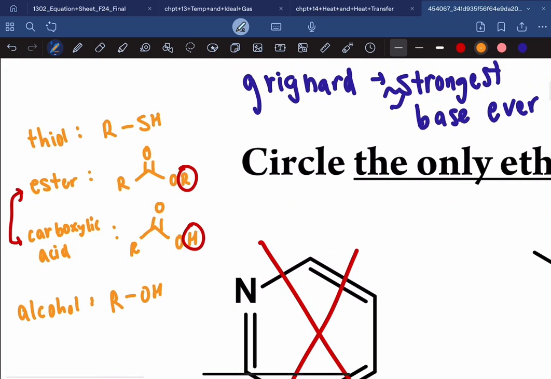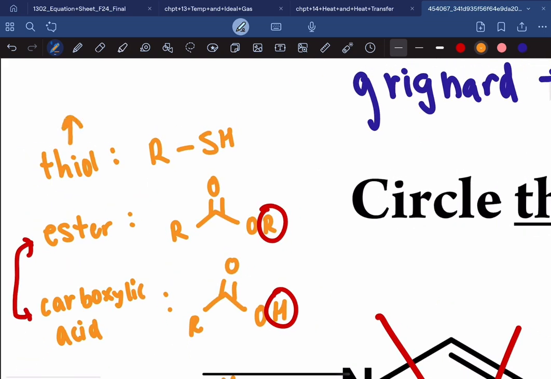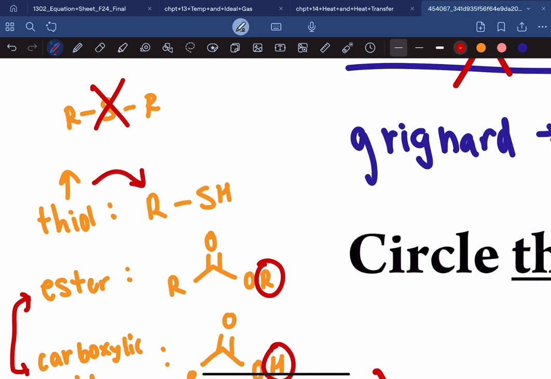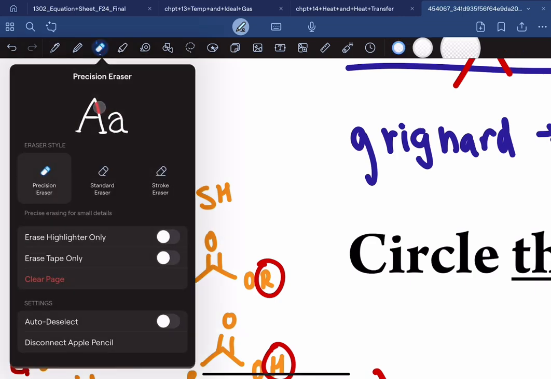So just be careful. And be very careful with the thiol, okay? Thiol is not RSR, okay? This is not a thiol. So let's put like an X on this arrow, right? This is not a thiol.